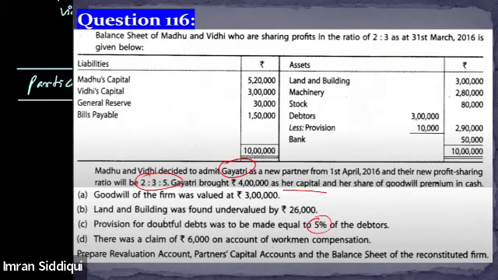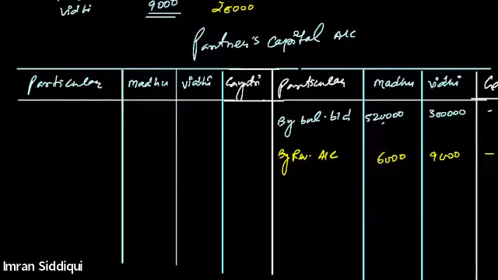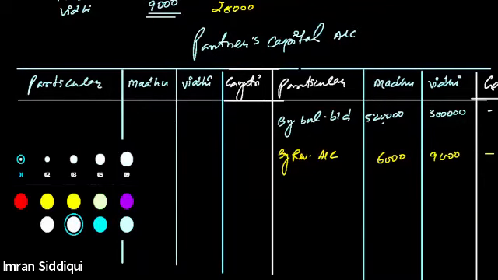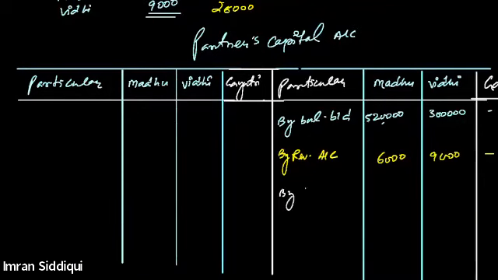So 30,000 will be distributed in the ratio of 2:3, by general reserve. 30,000 into 2:3, it will be 2 by 5, which means 12,000 and 18,000. 12,000 for Madhu, 18,000 for Vidhi.